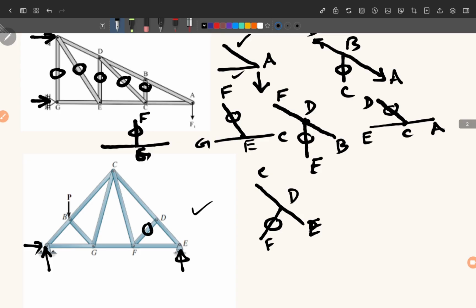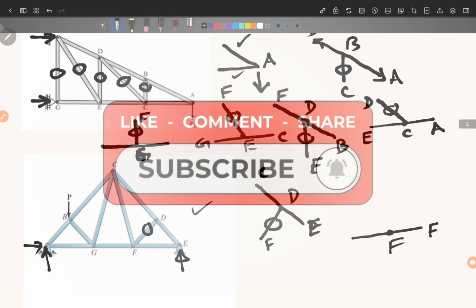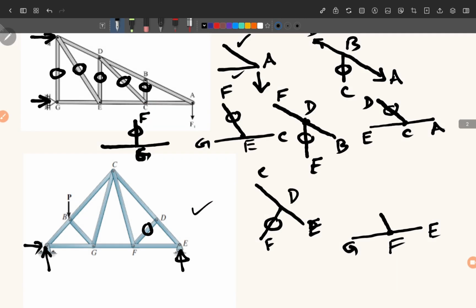Once FD is 0, now we move on to joint F. Okay, at joint F we have on this side point E, and here is G, and this is your force CF. So we apply the same rule that at joint F there are three forces only, no external force, no reaction.